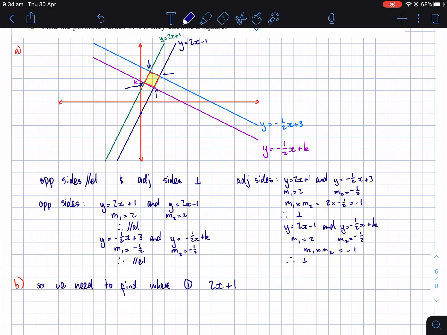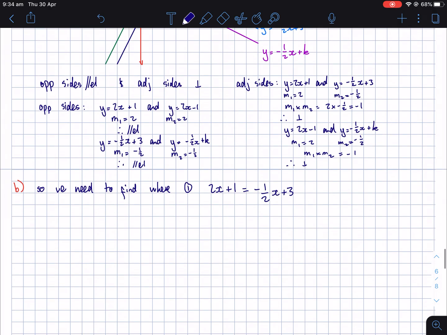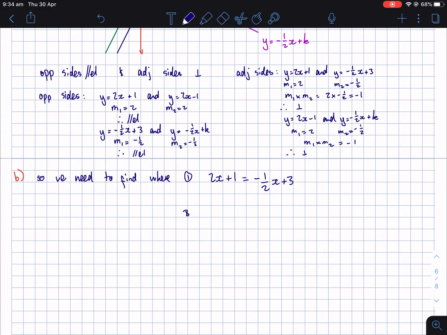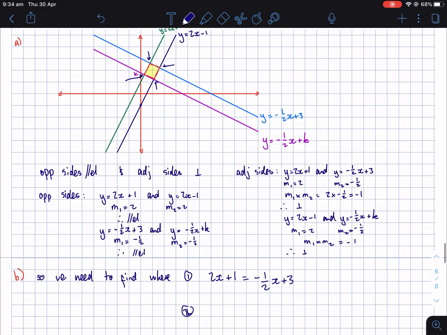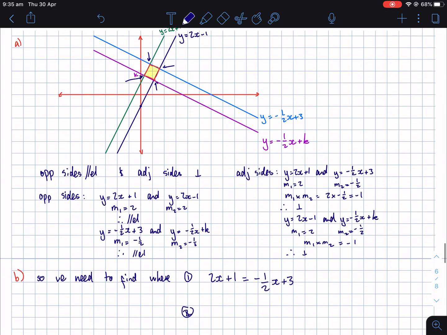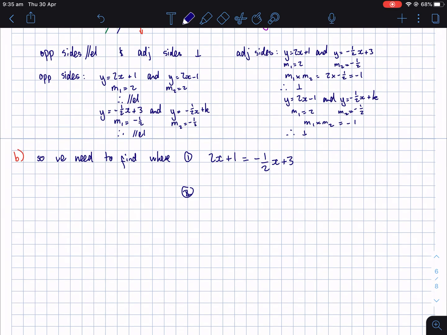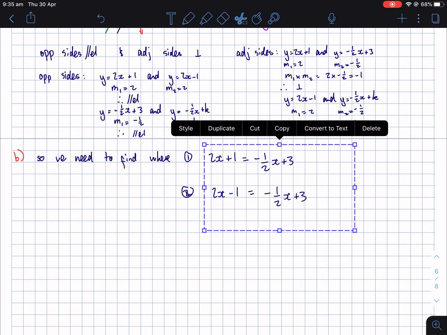If they intersect, they've got the same coordinates, so the y's will be the same. The second one I want to find is where 2x take 1 intersects it: 2x take 1 equals negative half x plus 3. And then we're going to be doing the same but with k instead of 3.